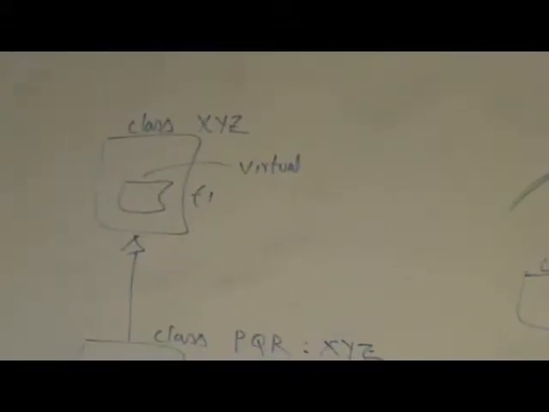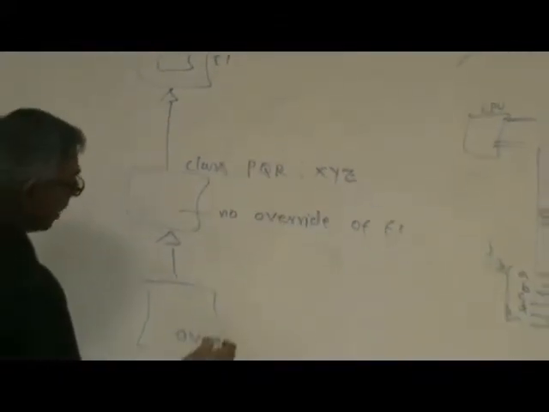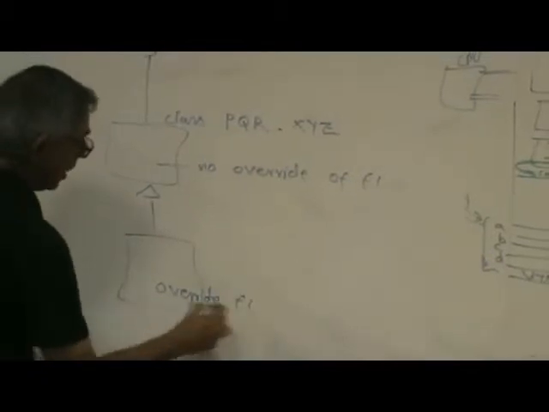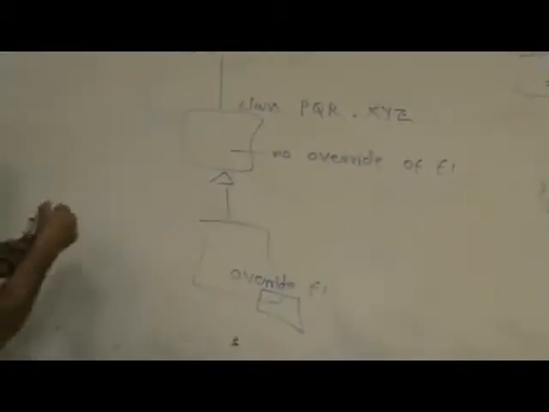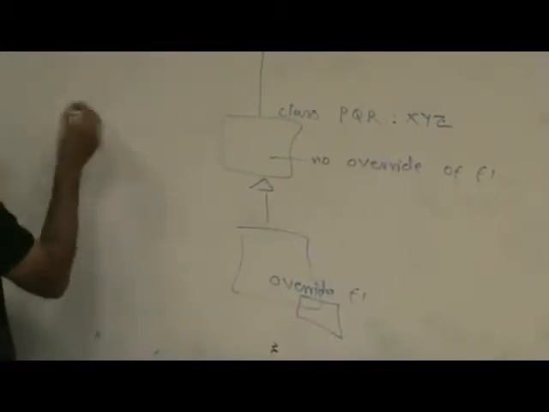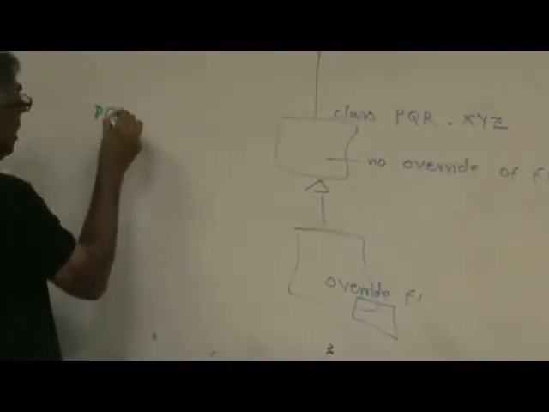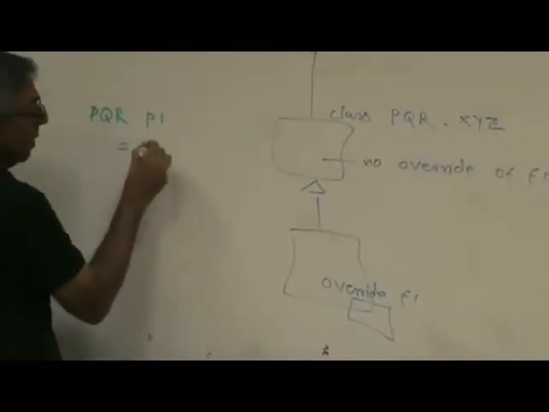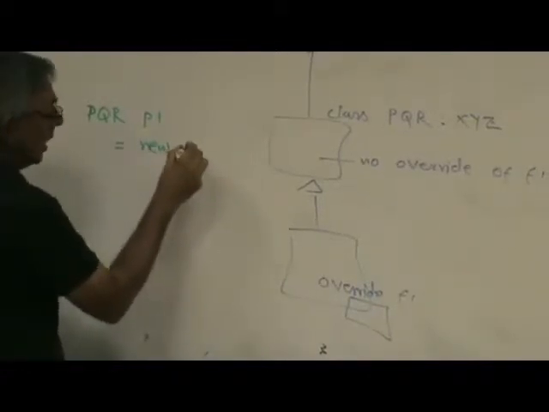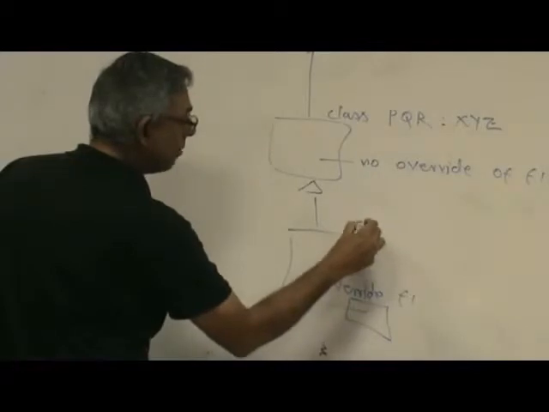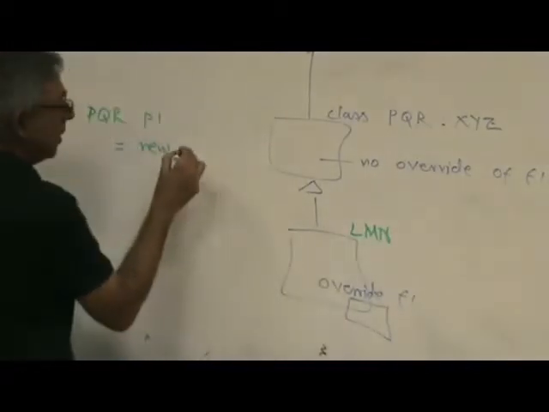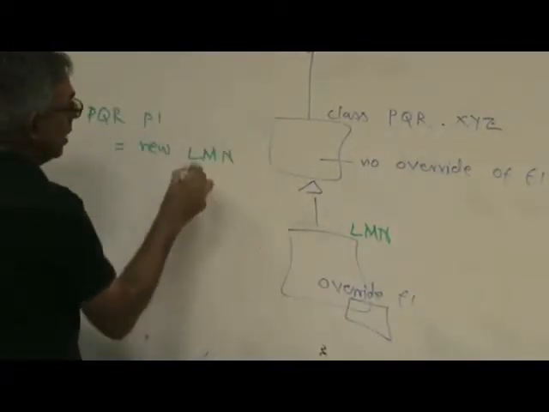Okay? So if you go further down, here you can do an override on F1. And if you wrote some code, let's say PQR P1 equal to new, suppose this is LMN or whatever, new LMN.